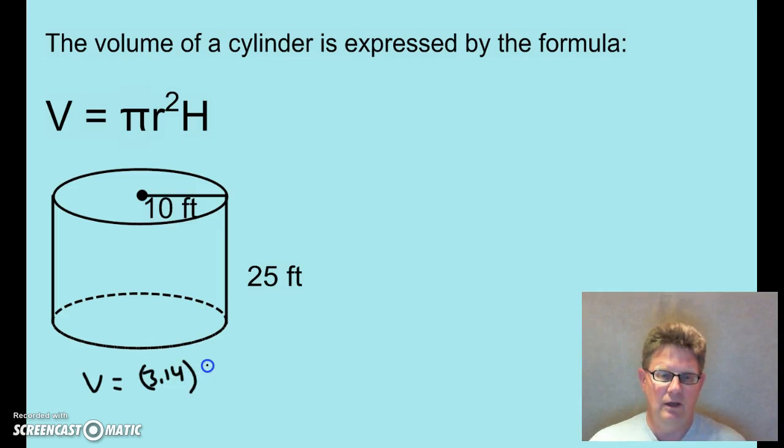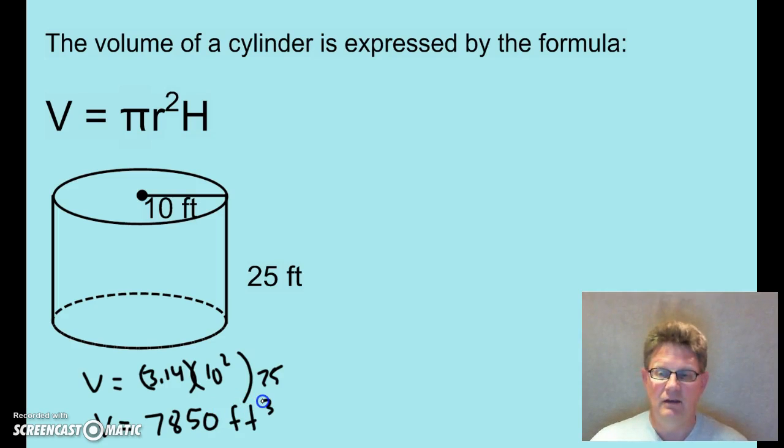The radius is 10 squared, times the height of the cylinder, 25. So the volume is 7,850 feet cubed. And that is how you find the volume of prisms and cylinders.